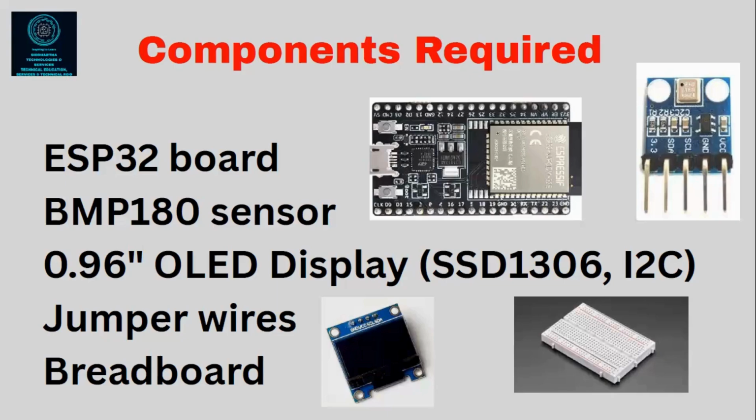This sensor is also used for making wearable watches, that is digital watches or smart watches as we call them nowadays. It is also used in smartphones, where we use GPS. In GPS you get accurate locations, and this pressure and the other parameters help you get the correct GPS location.